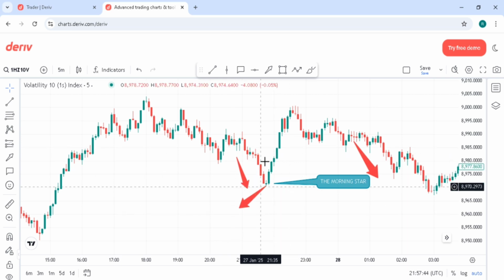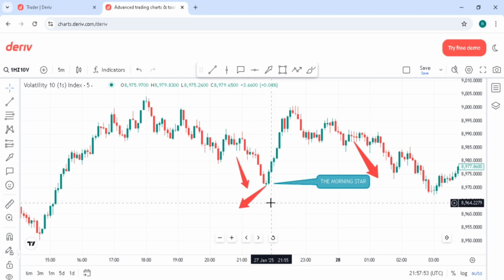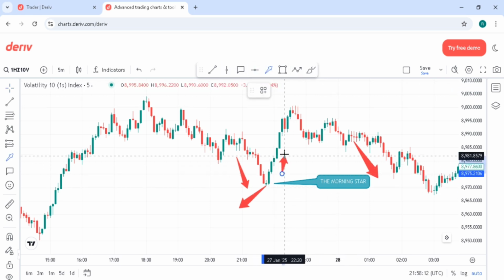So in other words, this downtrend means that the sellers are in control. Then there is indecision. And every time there is indecision in the market, it means that the next candlestick that forms matters a lot. It will tell you where the market is headed. So after this indecision, you realize that this green candlestick is formed, meaning that the market has reversed, and so we will have an uptrend.